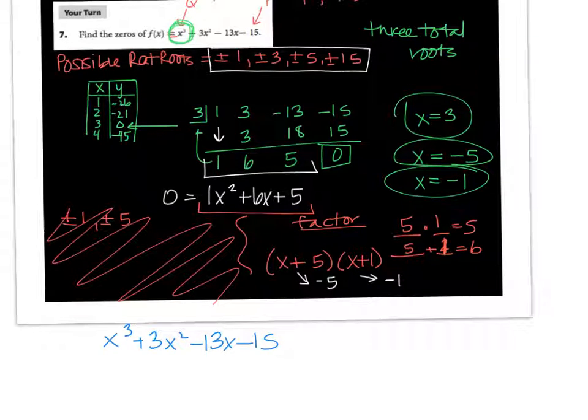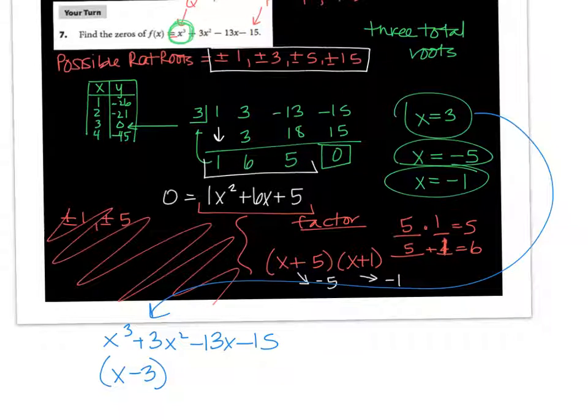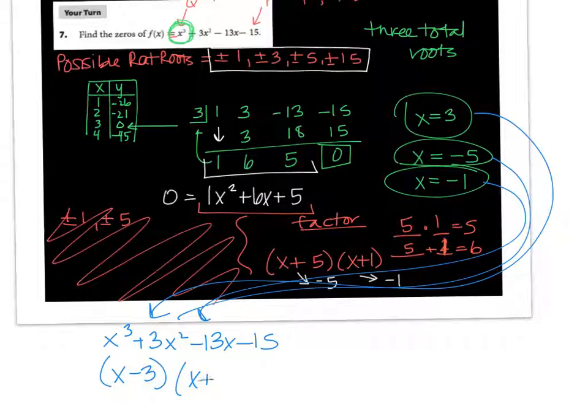I'm not just making those numbers up. If I wanted to factor that out, it would be x minus 3. Remember, opposites. Think about your opposites. And then if I'm pulling all these roots down, I would get x plus 5 and x plus 1. That's the same factored form of the equation.